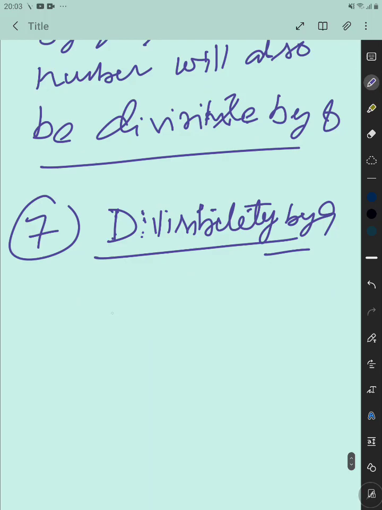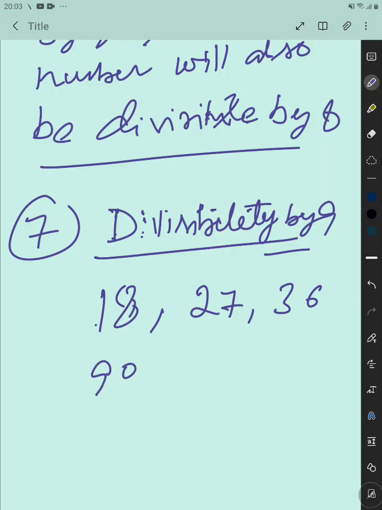So let's take some multiples of 9, like 18, then 27, then 36, then take 90 also, then 99, then you can take 54 also, and 108 also. Similarly, you can take more and so on.